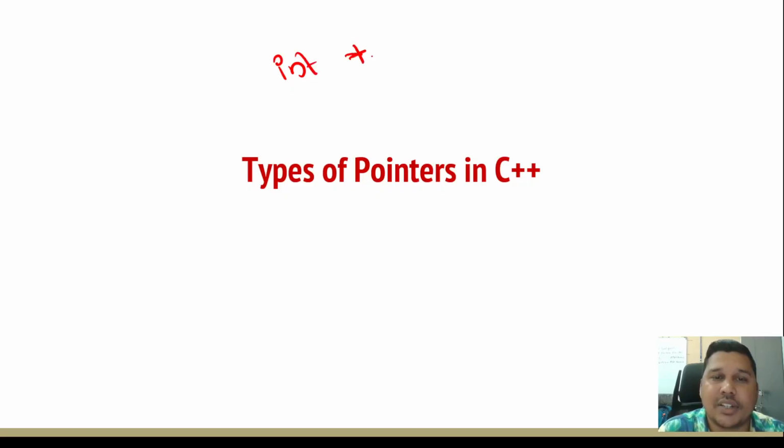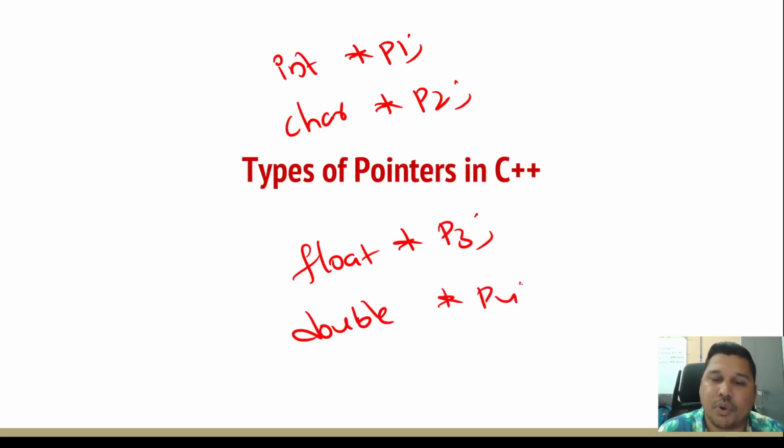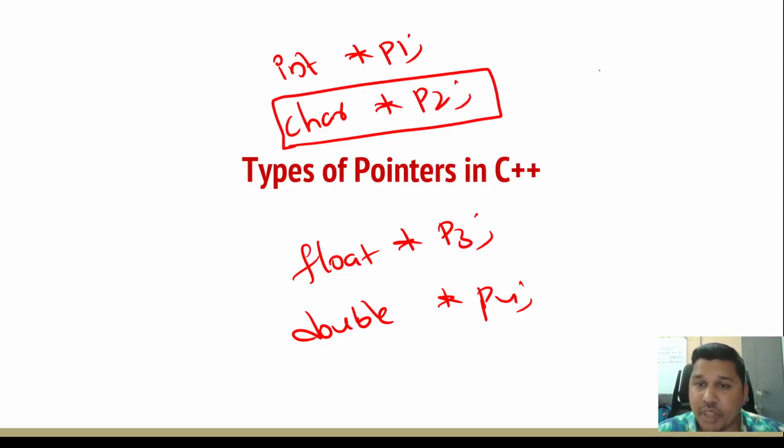When I said int star p1 or char star p2, let me write the others also, float star p3, double star p4. If you see here, this char star p2, what does it mean? Character star p2 means p2 is a pointer variable.